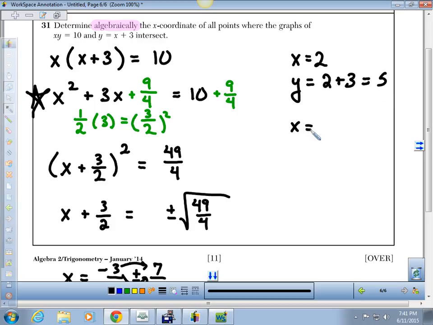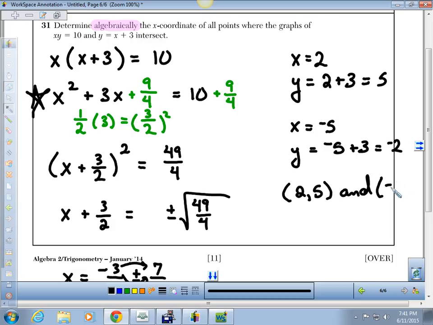When x equals negative 5, y equals negative 5 plus 3, which is, my answers need to be provided as a what, though? As a coordinate. Where do they intersect at? (2, 5) and (-5, -2).